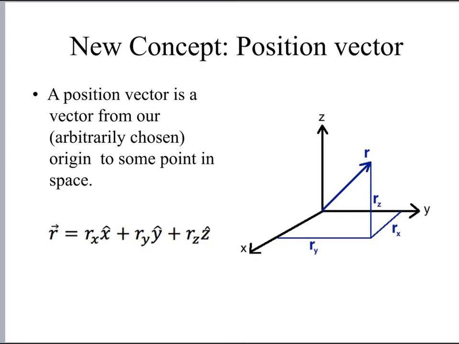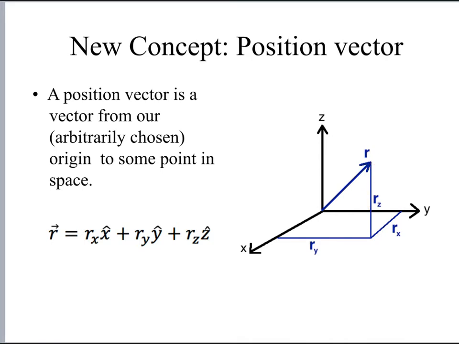Now, if we think about our vector being in 3 dimensions, we can note that it's going to have 3 different components. And so here along the x-axis, you're going to go out some distance, and that's called r sub x. That's the x component of the vector r. Then we're going to go over along the y-axis, some r sub y value, and then we'll go up the z-axis to the tip of our vector.